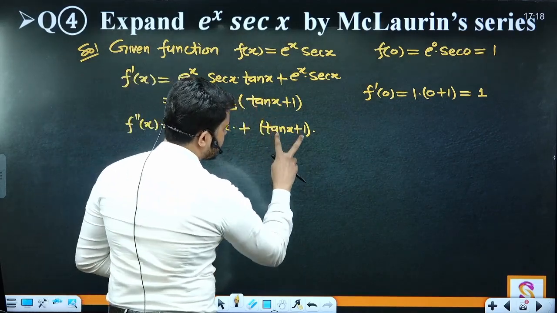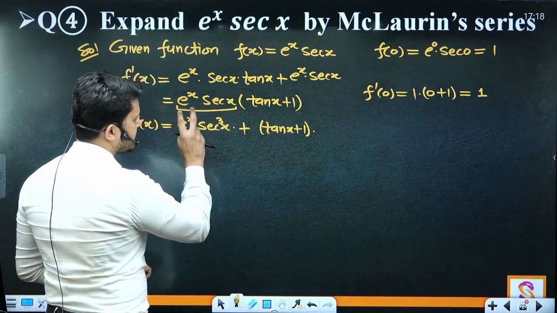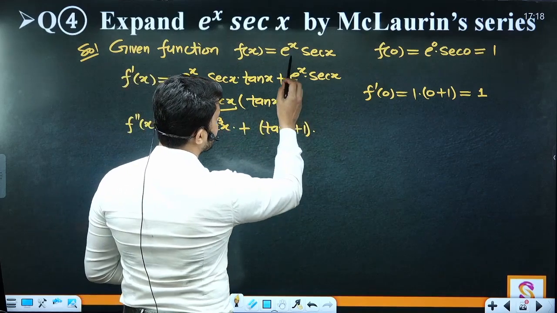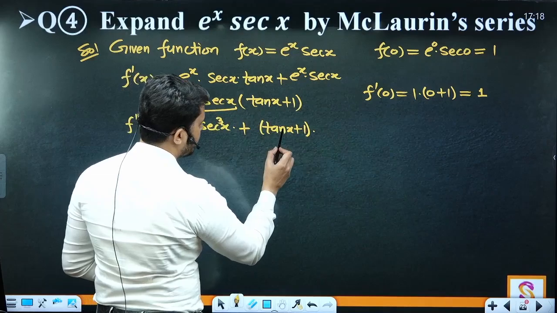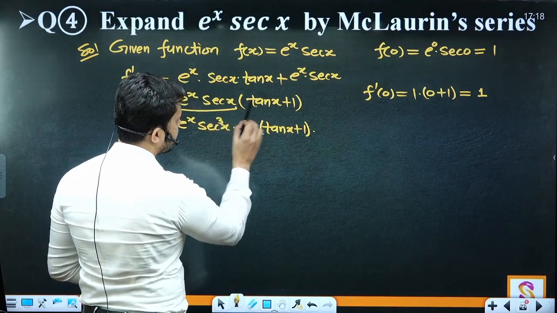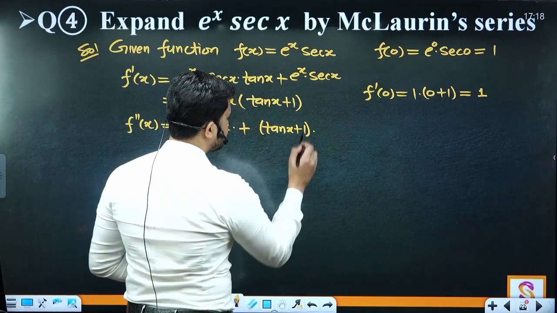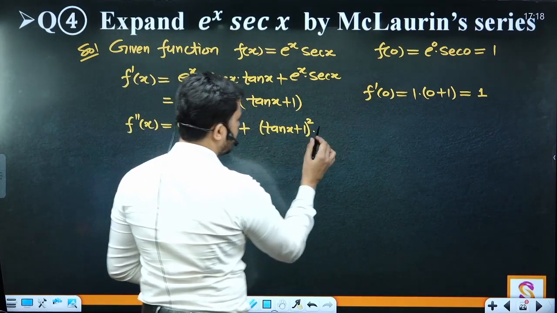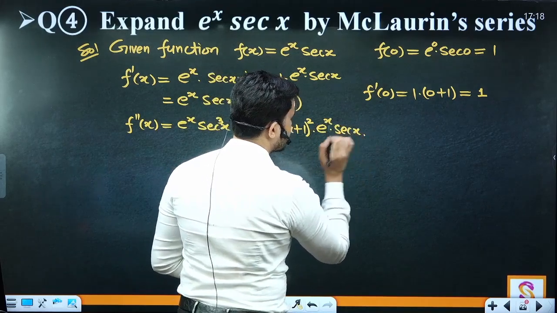उसके बाद tan x plus 1 को आपने रोक दिया, देन e to the power x sec x का डिफरेंशिएशन करेंगे, इसका डिफरेंशिएशन, तो क्या होगा, फिर से इसका डिफरेंशिएशन मींस ये सब वापस आएगा, तो क्या होगा e to the power x sec x into tan x plus 1, तो इट विल बिकम tan x square tan x plus 1 आएगा ना वापस से, एंड e to the power x into sec x.